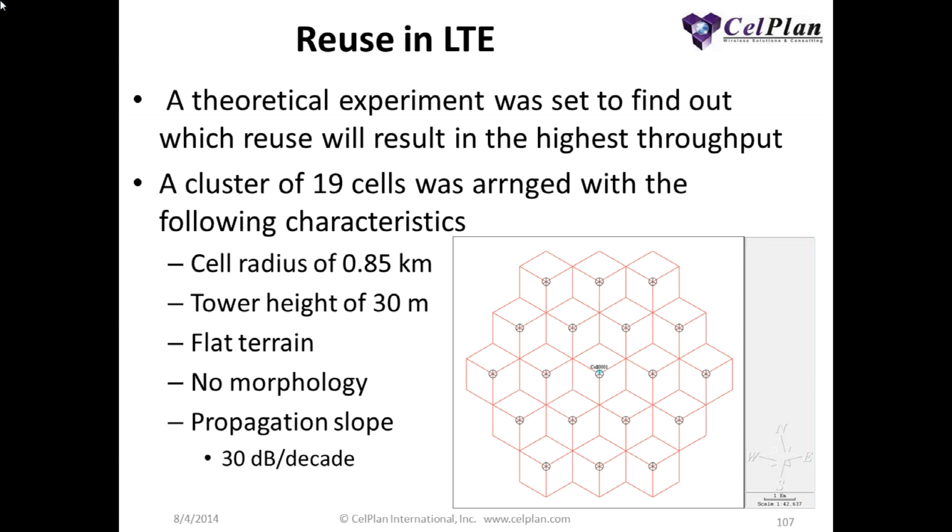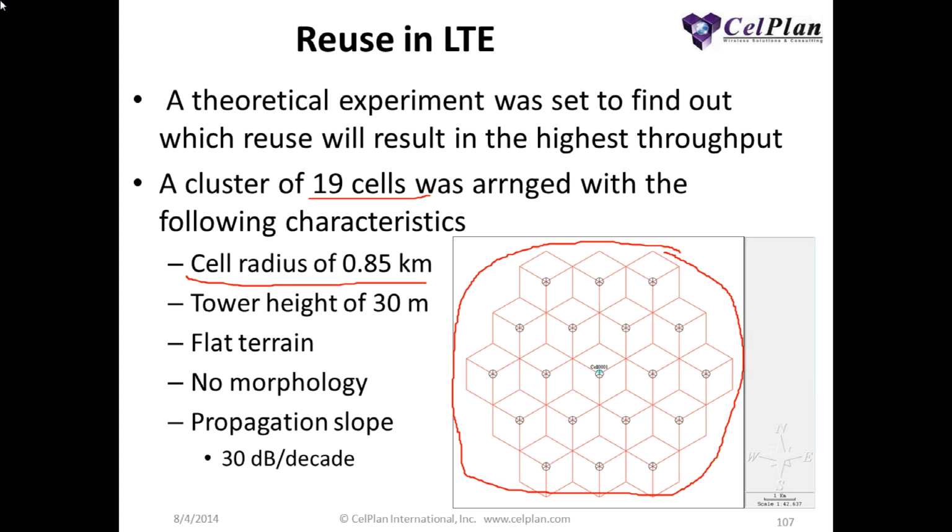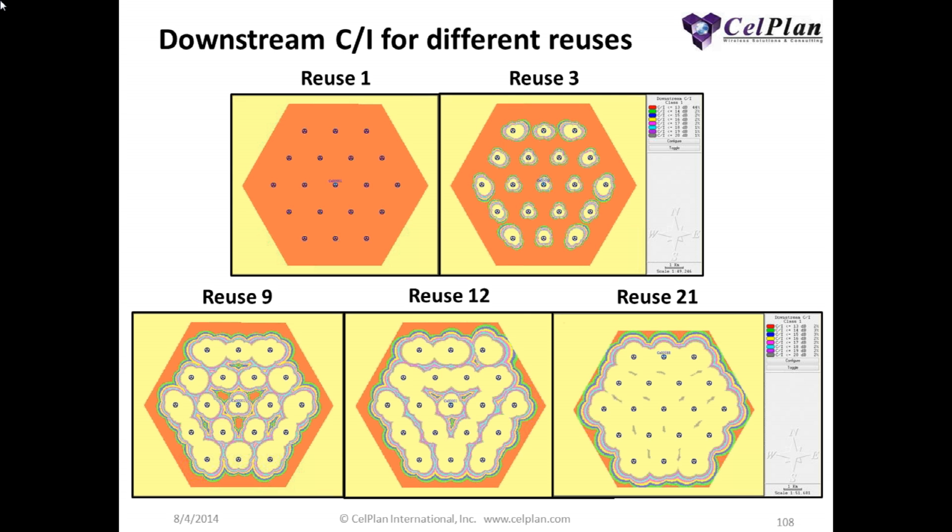So what we did, we created a set of cells on a flat area, with a cell radius of 850 meters, 19 cells, tower height of 30 meters, flat terrain, no morphology, 30 dB per decade slope.